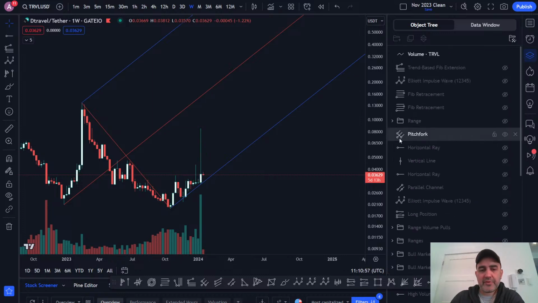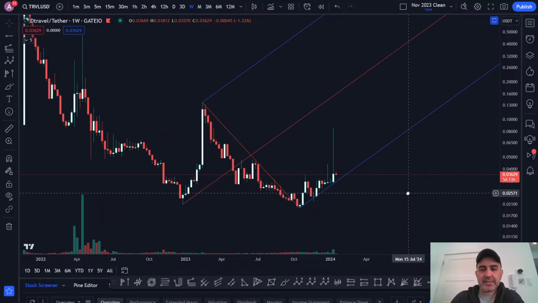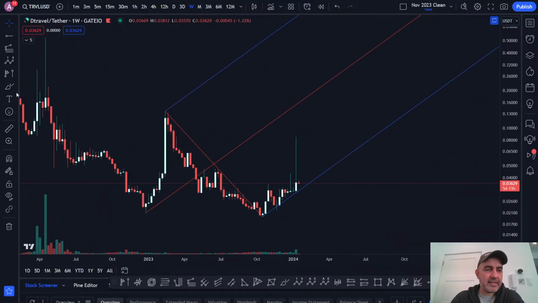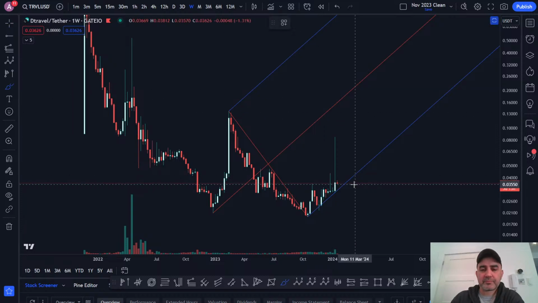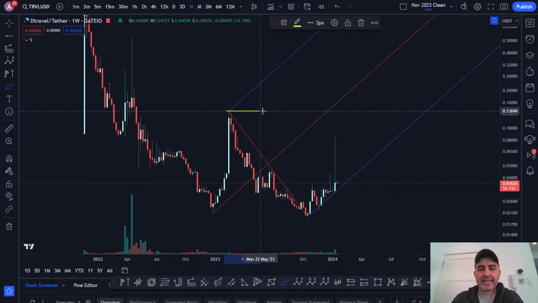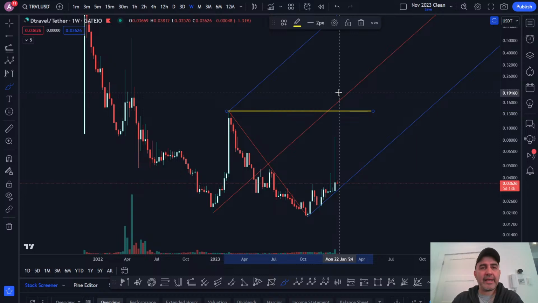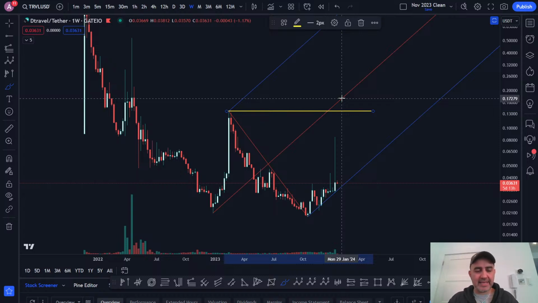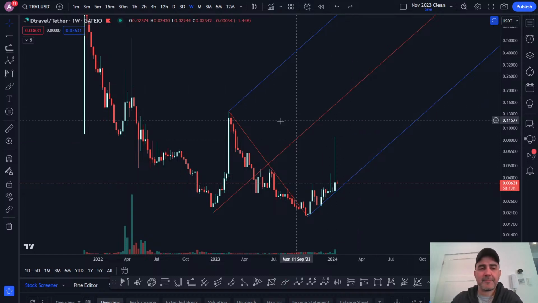We don't really know what could happen, but if it does do what I'm saying could happen, then that would confirm a higher high, which is what we want. That's really important, because I've been saying this for a while. We need to make a weekly higher high, and that would give us our higher high on the weekly time frame. Really important. I don't see why that would not happen, because that's going to happen eventually. That would make sense.